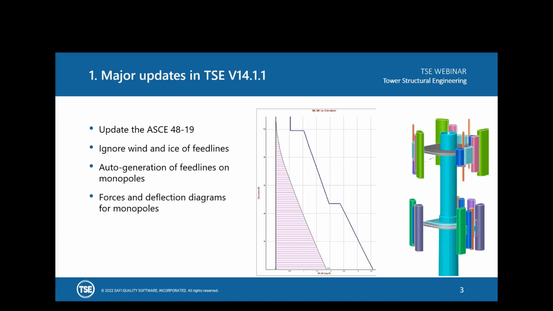And we also added some new features related to spatial objects that are used to model the different types of appurtenances. So now we added the option to ignore the wind and the ice on feed lines, and this is very useful, especially for monopoles, where the feed lines are located inside the tube.